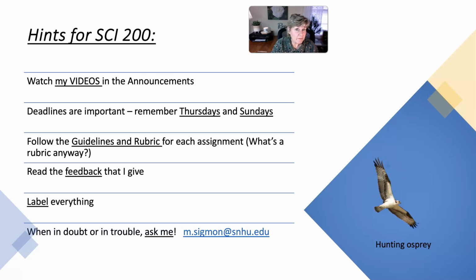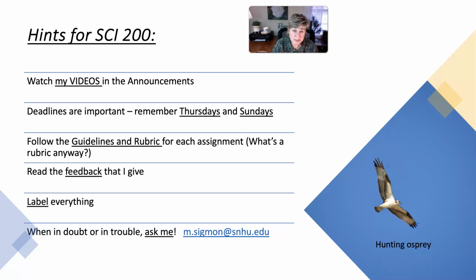Label everything, every file that you turn in. Oh, please, please don't put Science 200 as the name of your file to turn in every week. You're going to get mixed up. So make sure you even label your file names, but also label the information in the document itself. So this is Science 200.